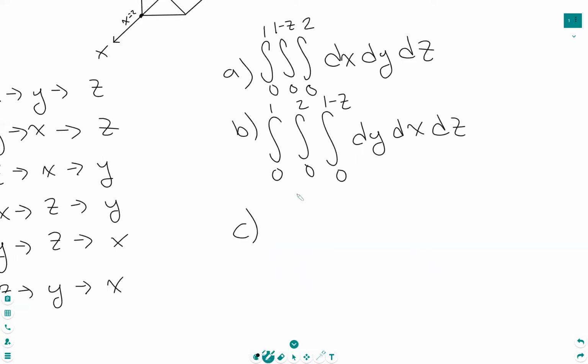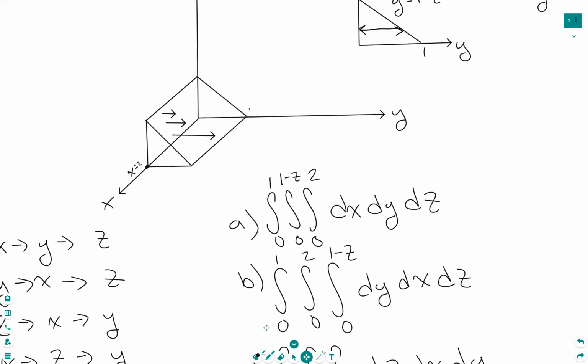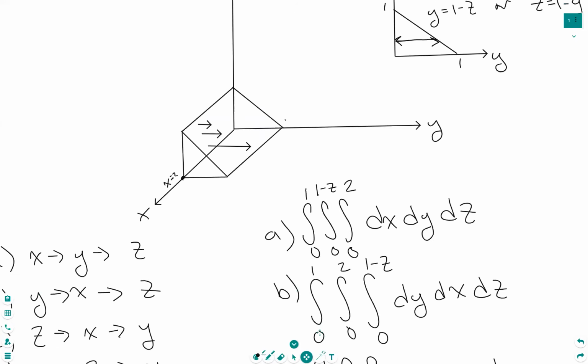So now for C, we're doing dz, dx, dy. Okay. Now x, sorry, we're doing z first. Since we're doing z first, let me get rid of these arrows because now we're going from the bottom up to this plane.